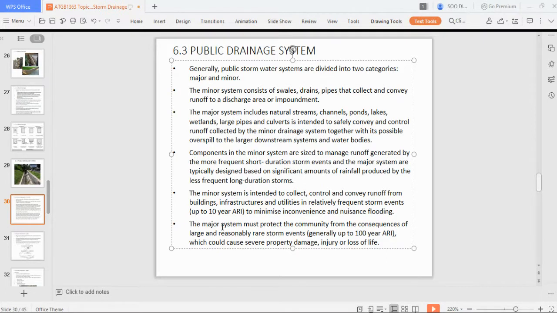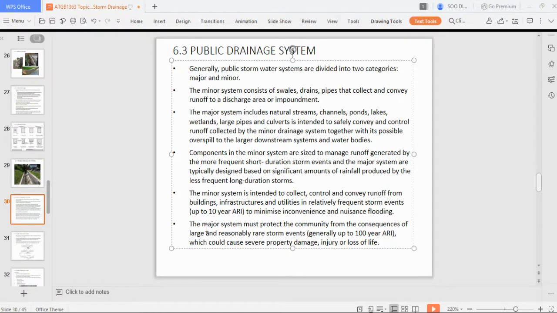This is so that the drainage system that you design and install will be able to cater to the rare occurrence of a very heavy downpour from the rain.